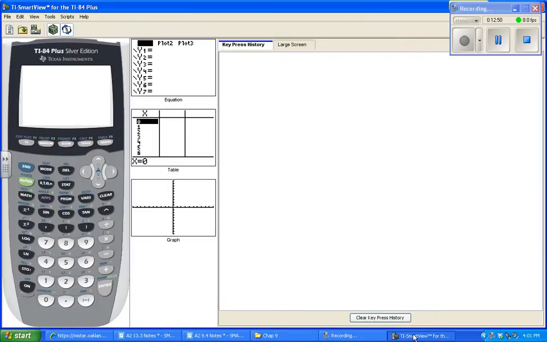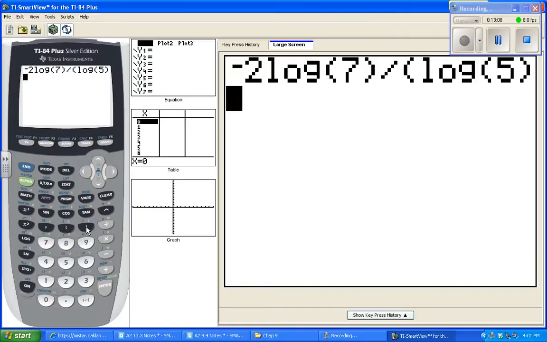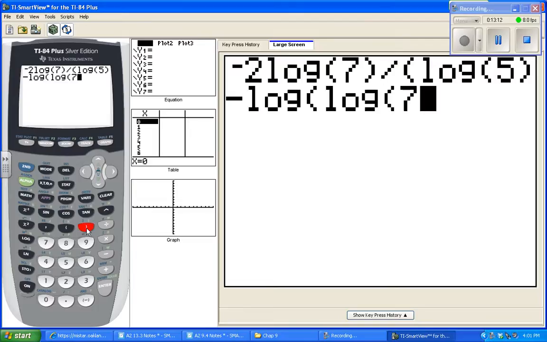So I want to do negative 2 times the log of 7, negative 2 log 7. We got to close this parenthesis up. We're taking just the log of 7. That's getting divided by, again, it's a subtraction problem down there, so let's put it in parentheses. It was log of 5, close that up, minus the log of 7, close that up.